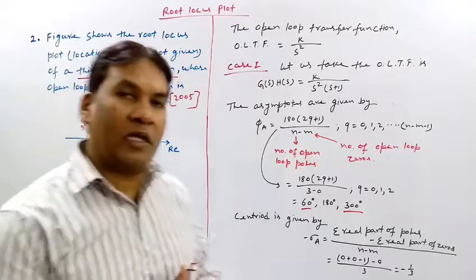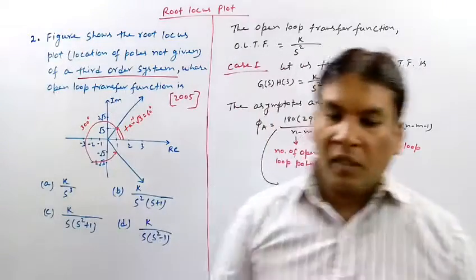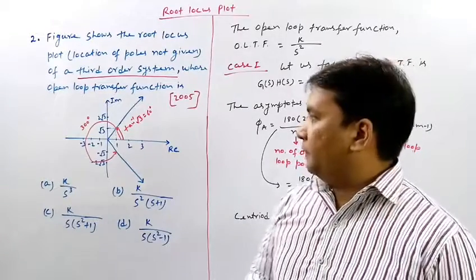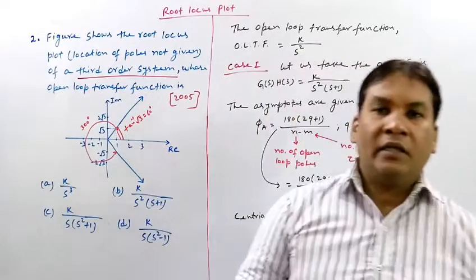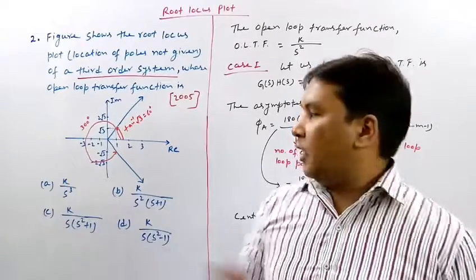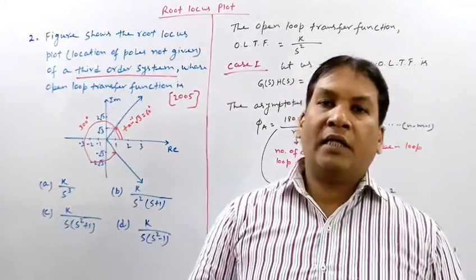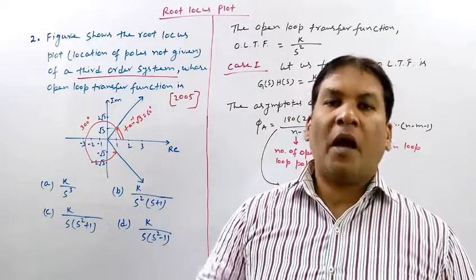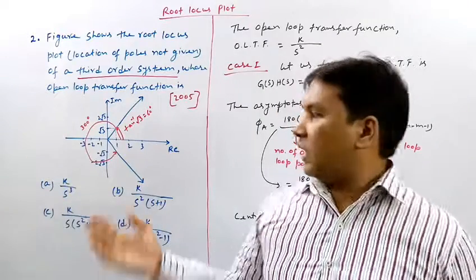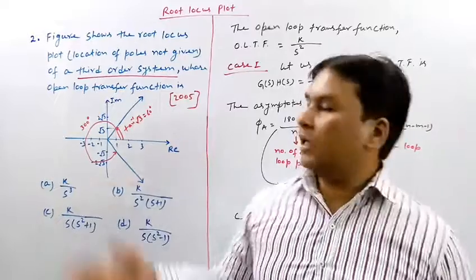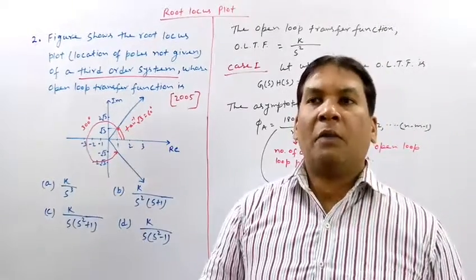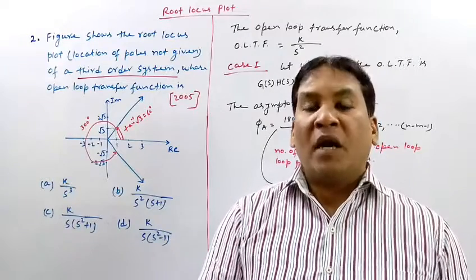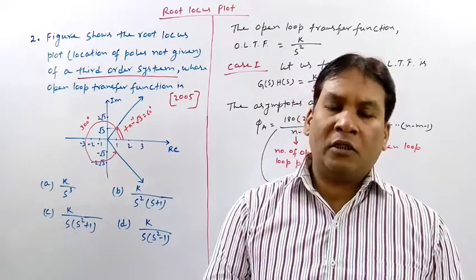The definition of asymptote is that the asymptote is a line along which at infinity, if we go infinite along asymptote, then the curve, here the curve is root locus, the distance between the curve and asymptote must tend to 0.